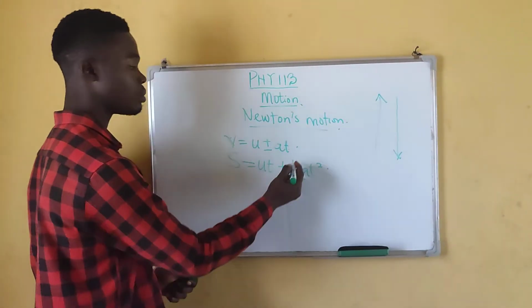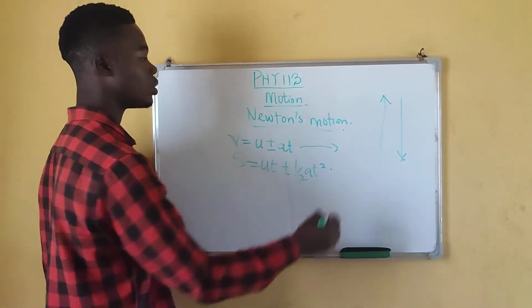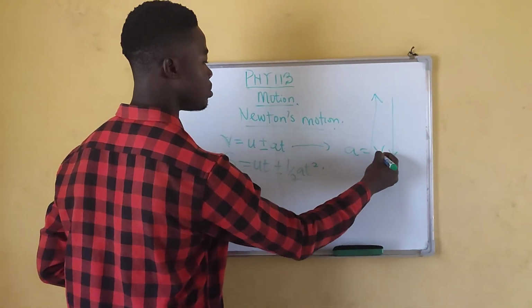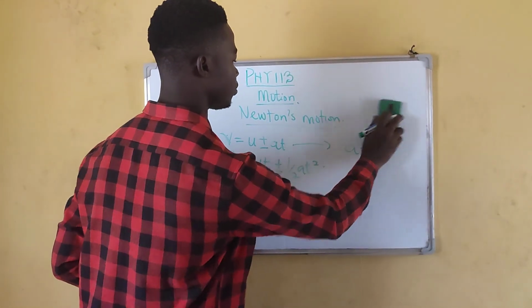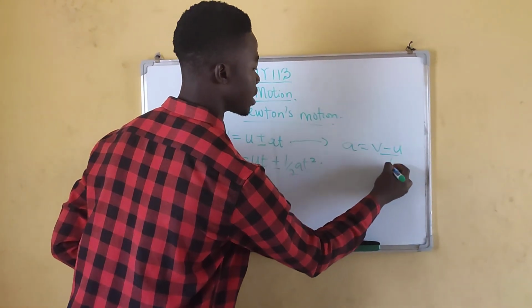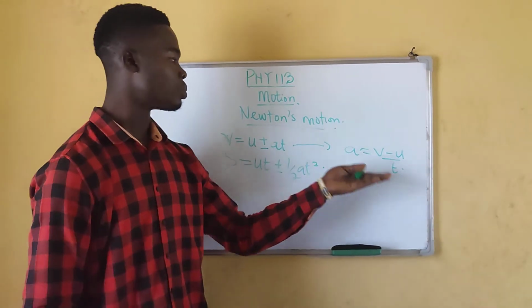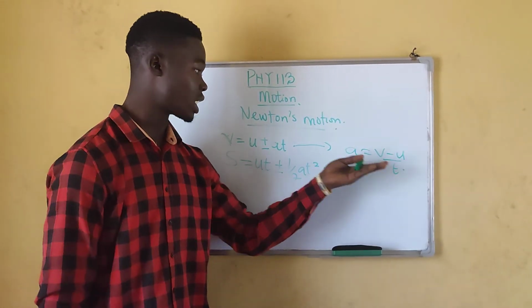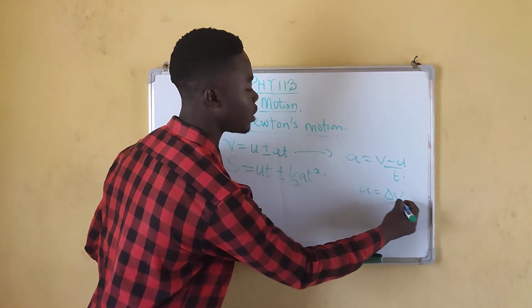You can see from this formula that acceleration is V minus u over t. So I'm just trying to tell you that this formula is derived from your acceleration. This common acceleration, A equals change in velocity over time.